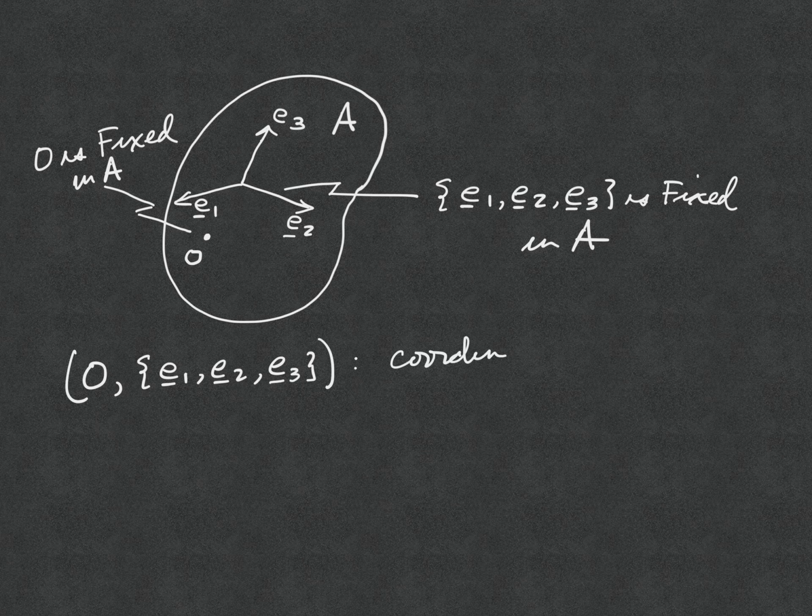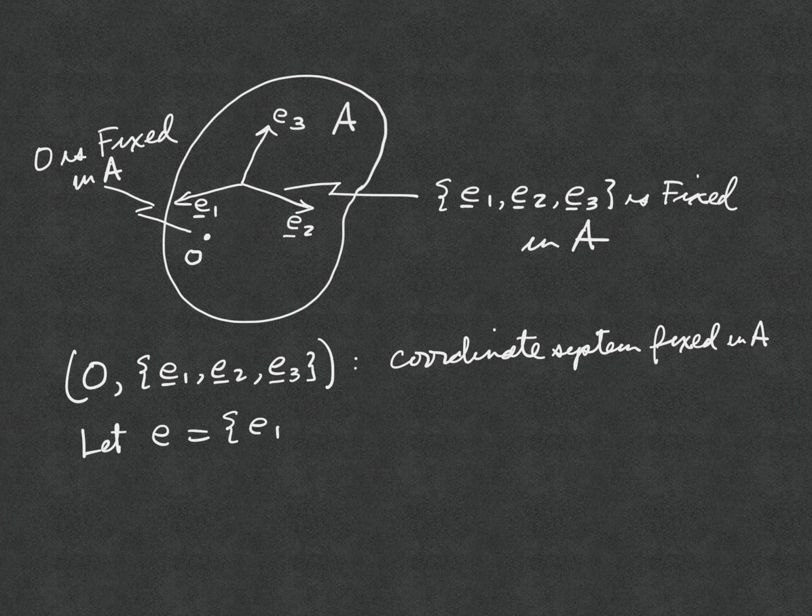And it's a coordinate system fixed in A. Now, we're going to abbreviate bases in the following manner: we're going to say let E equal E1, E2, E3.